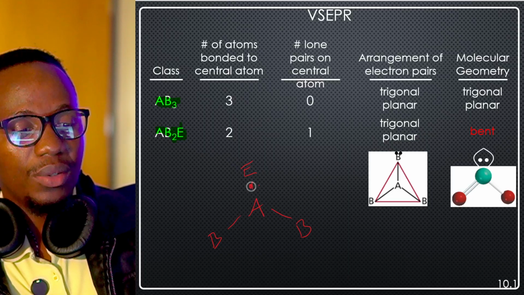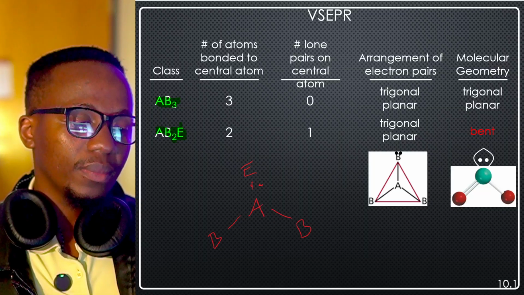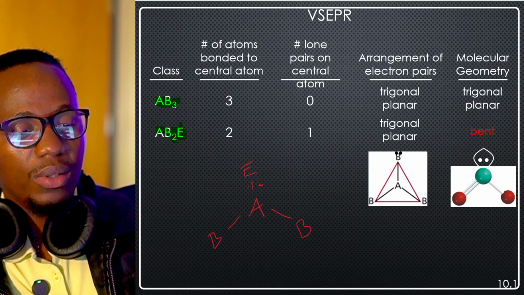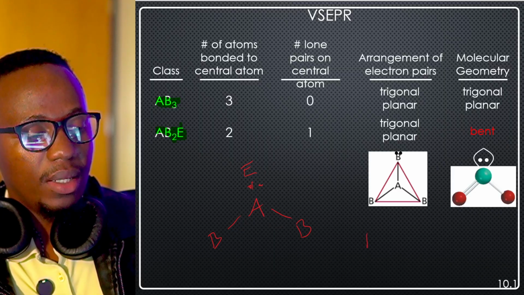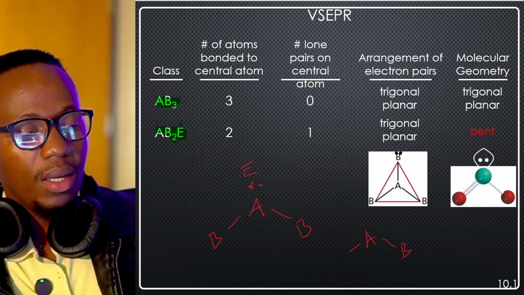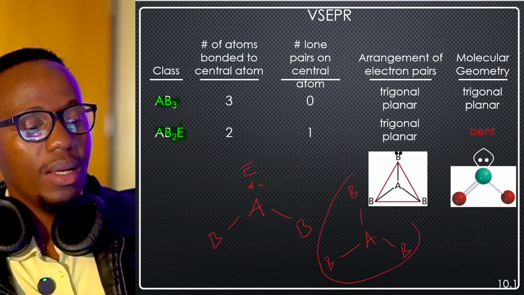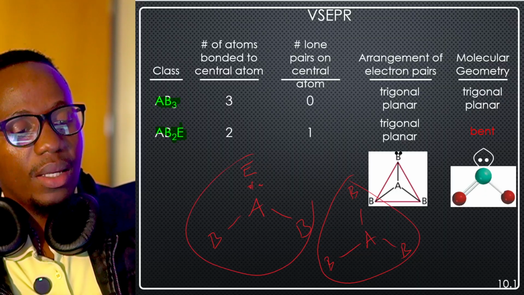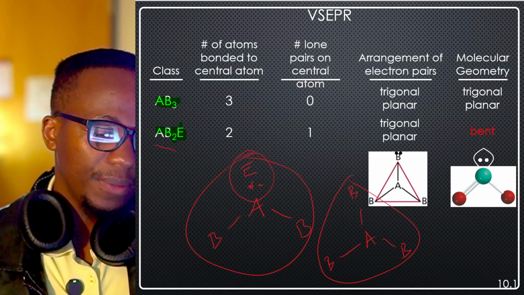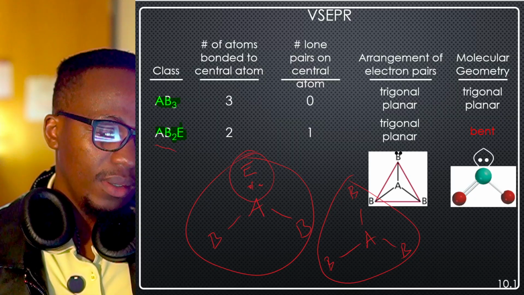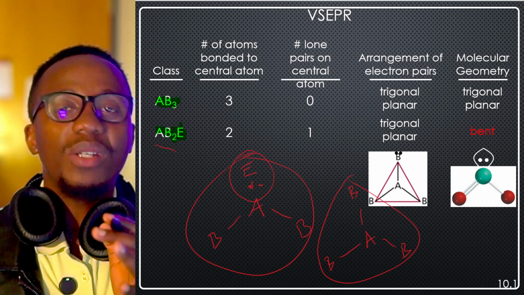I want you to stay with me here, because this is compared to the other one, which is B here, B here, B here. So this is AB3 trigonal planar, but this one is AB2 with an electron pair. So the geometry is a bit different.